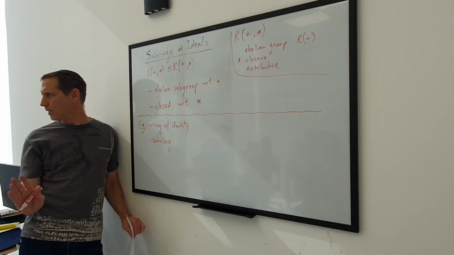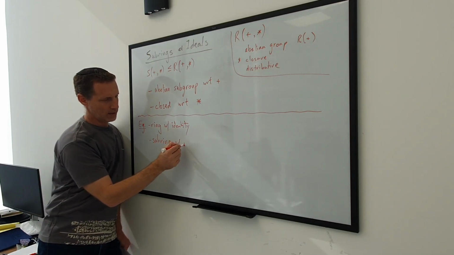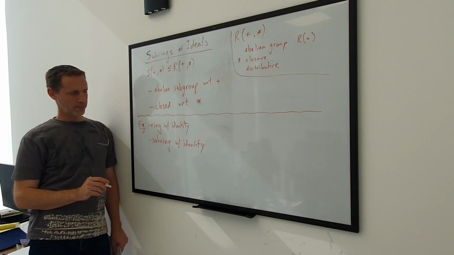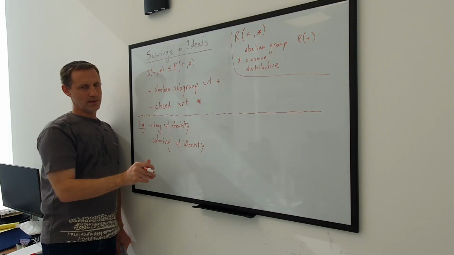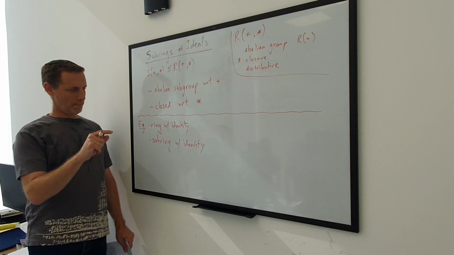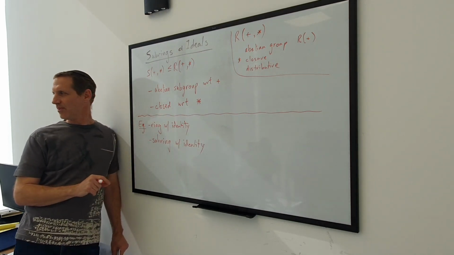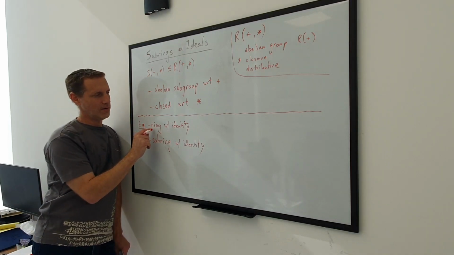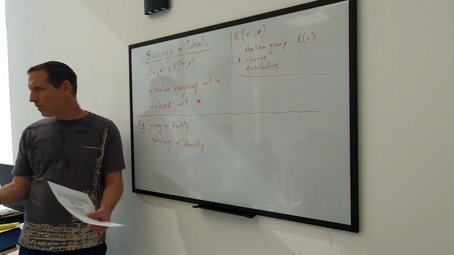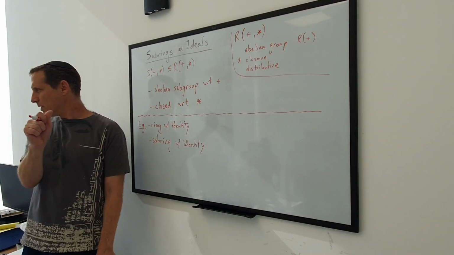But if I say that I have a subring with identity, then it must be a subring with the same identity as the ring. I can't have a ring without identity, and then a subring of that ring and say that that's a subring with identity, because the ring doesn't have an identity.